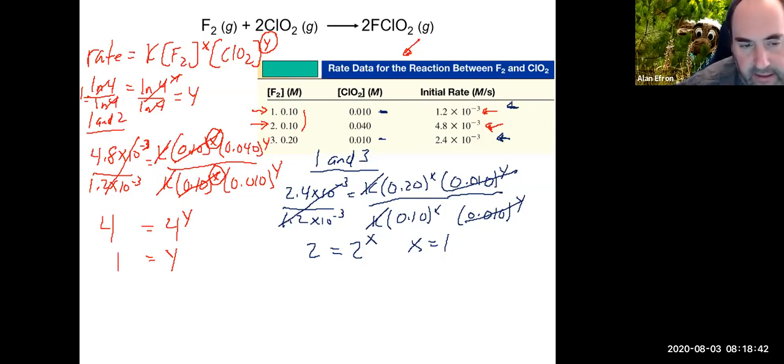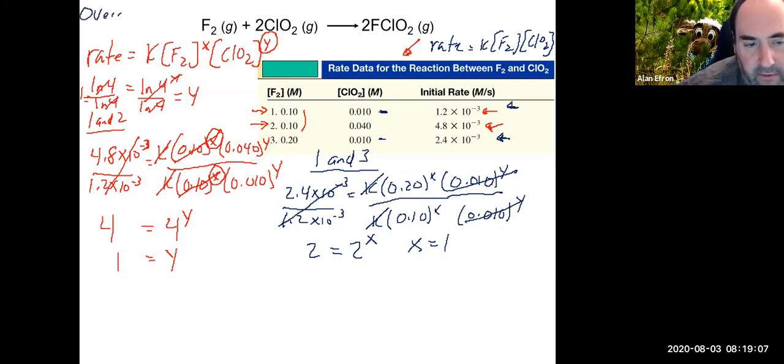So the completed rate law would be the rate is equal to K times F2 to the first and ClO2 as well to the first. Just like anything else in chemistry, you don't have to put the ones up there on top. It's implied that if you don't see a number, that obviously is 1. And in this case, we could also figure out the overall order of this reaction now.